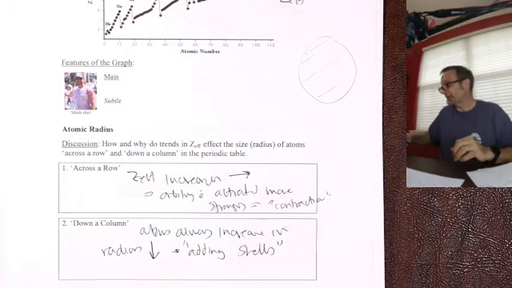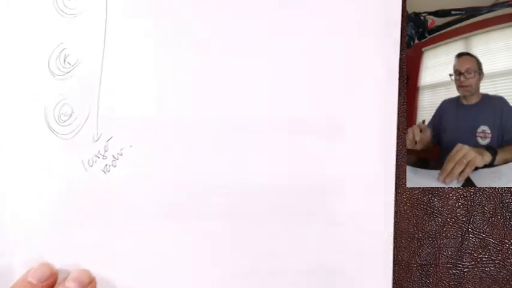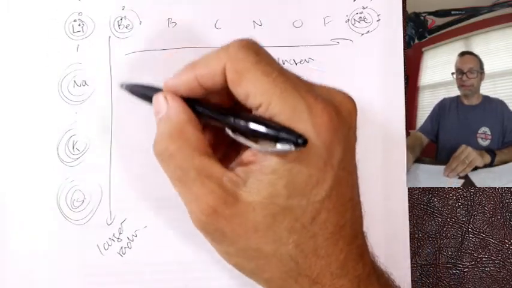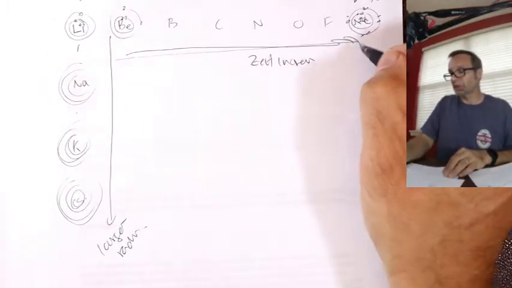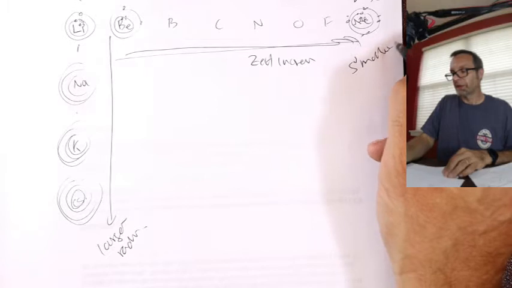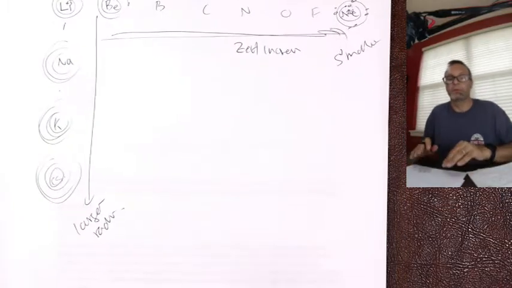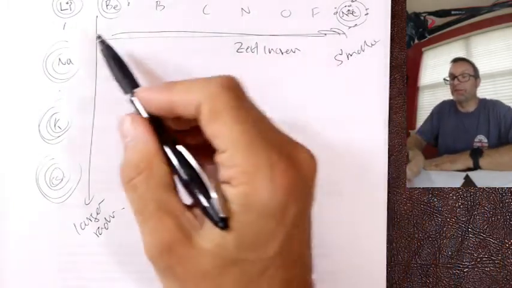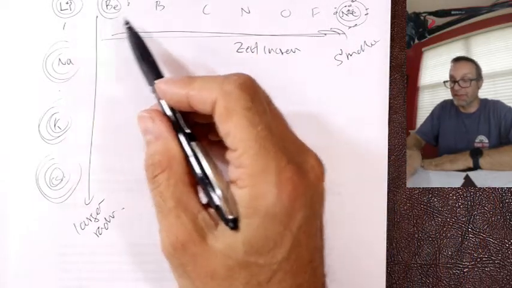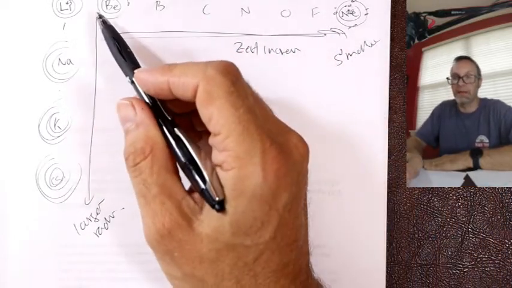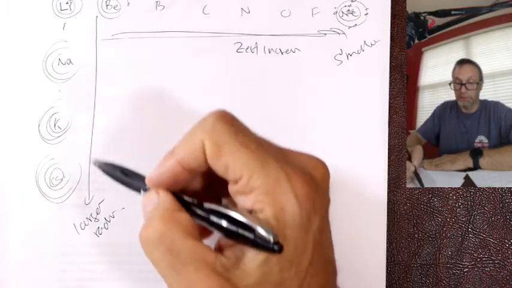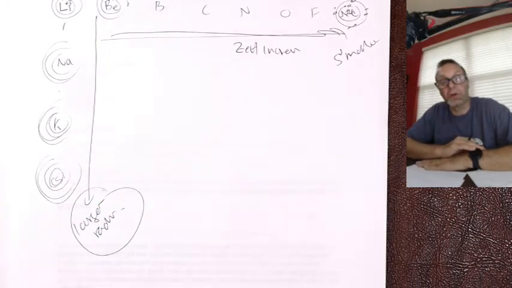Okay, so if you go back to our picture, they get bigger going down and they get smaller going across. So let's think to ourselves, where's the biggest atom in nature, left or right? Well, it's going to be left because they get smaller that way, so they get bigger that way. Where's the biggest, top or bottom? Well, at the bottom. So the biggest atom in nature is bottom left.